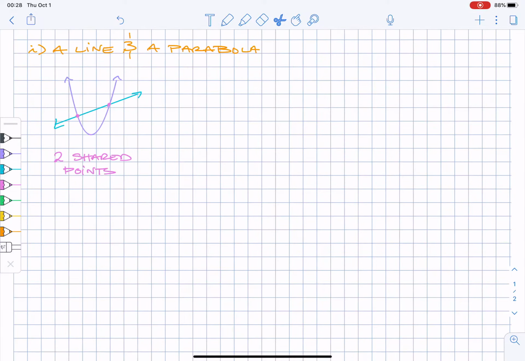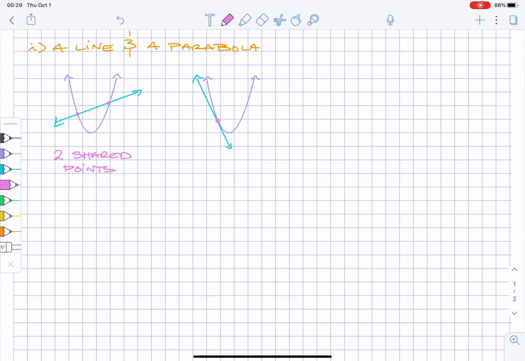And let's copy and paste this. So the next case will be something like so, where they only have a single shared point. So 1 shared point.